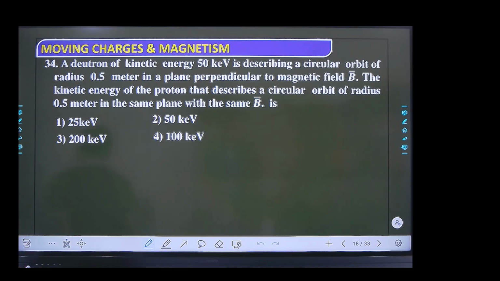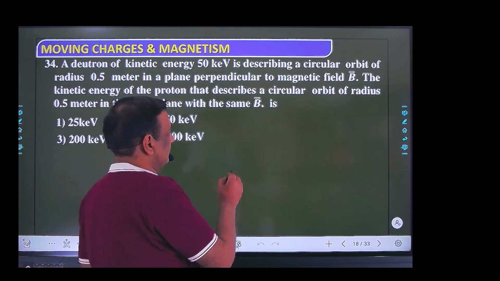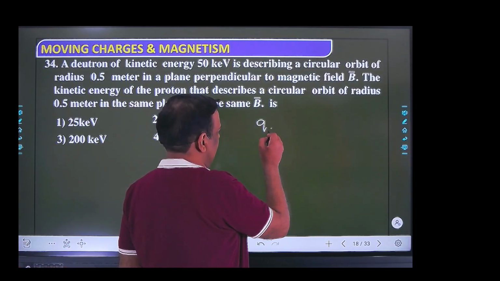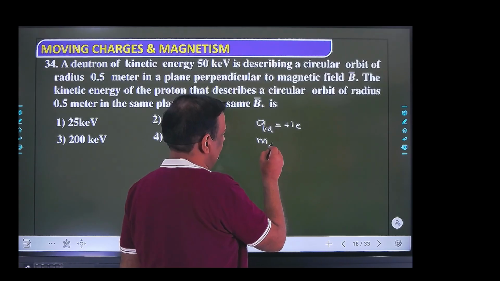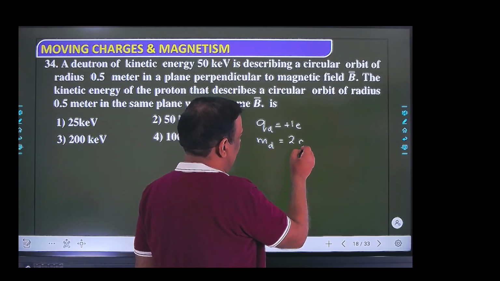One proton and one neutron. So charge is 1 e, mass is 2 mu. Charge on deuteron is plus 1 e, mass of deuteron is 2 mu.